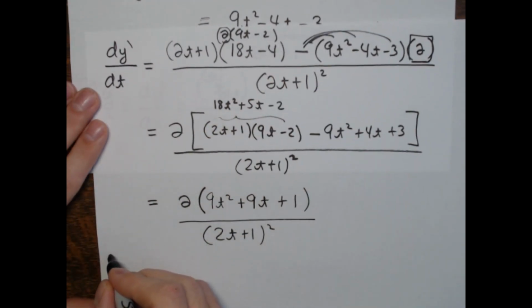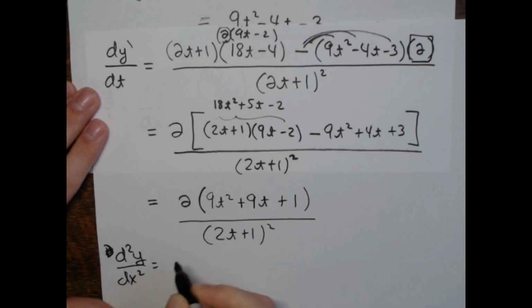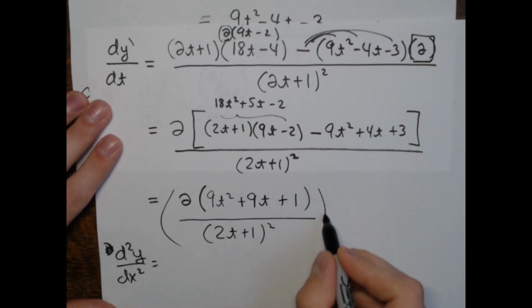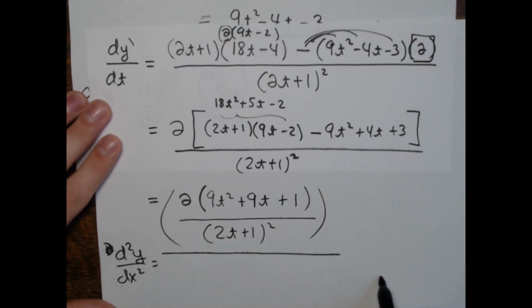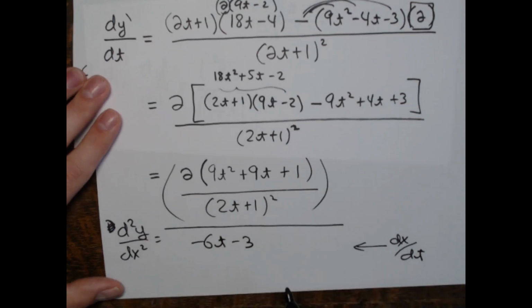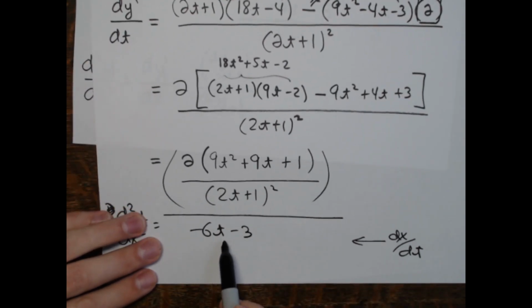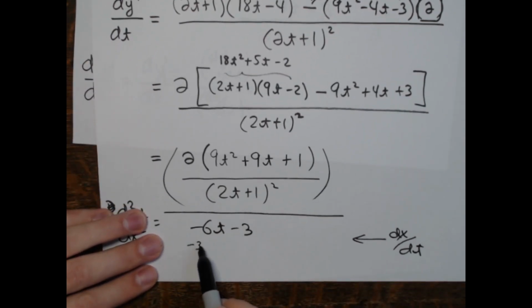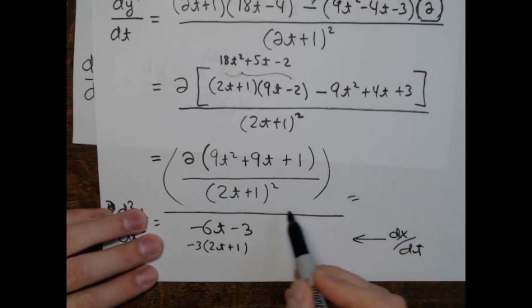So the second derivative of y with respect to x is this divided by dx dt, which was negative 6t minus 3, which if you factor out negative 3, is negative 3 times 2t plus 1, and that'll make this a 2t plus 1 cubed.